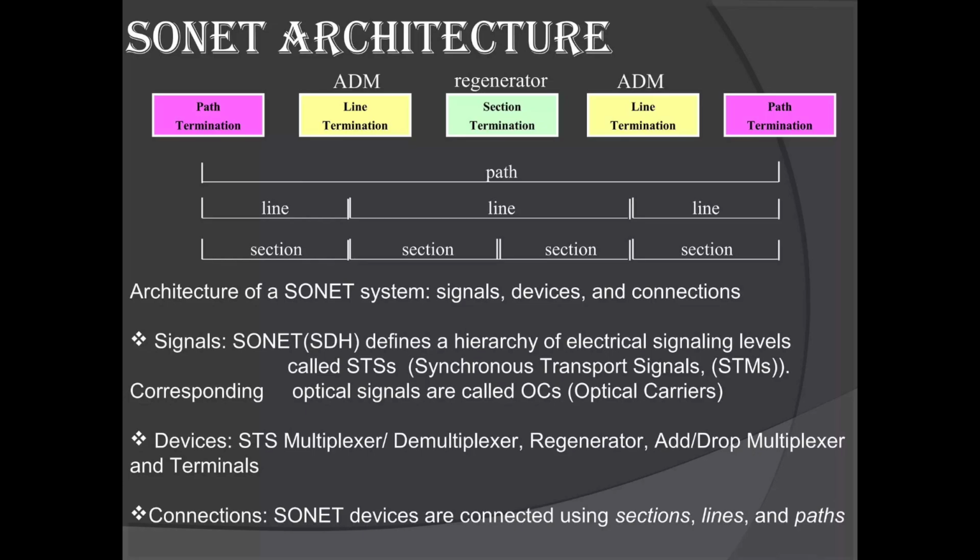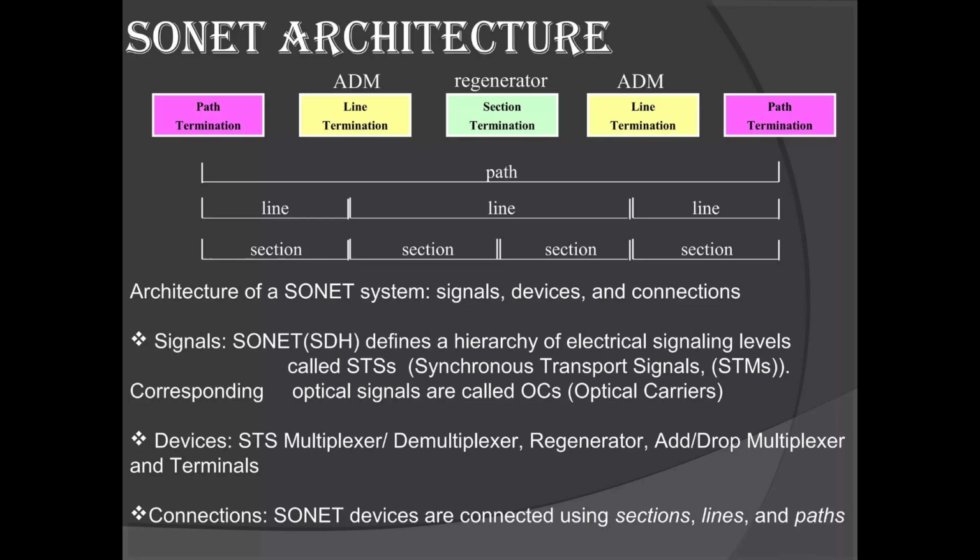They will be arranged in a two-dimensional matrix of bytes with 9 rows by 90 columns. The byte transmission will be from left to right and top to bottom. Just note it down. This is how the bytes will be transferred from one frame to another frame.